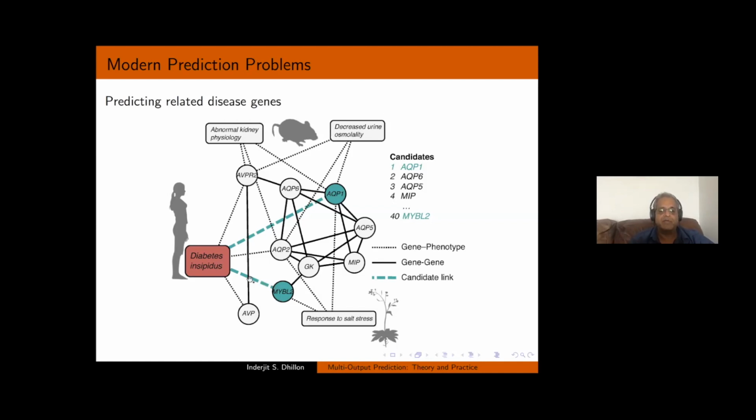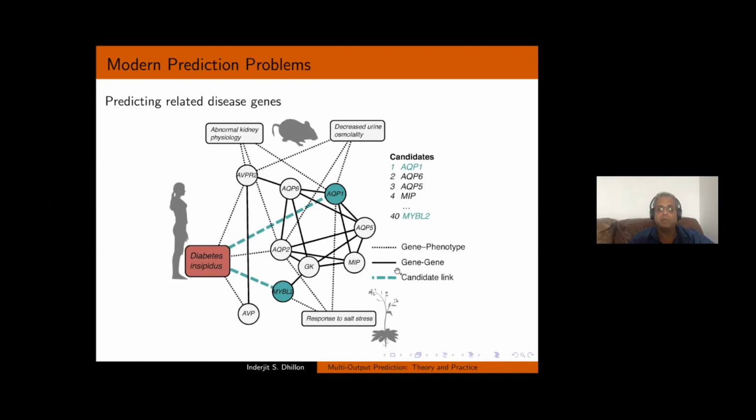The second part of the data is known associations between genes and diseases. For example, the dotted black line is a known association between diabetes and the genes AVPR2 and AVP. And then you have similar data for other diseases and other species, mice, plants, and we also had phenotypes and yeast, and I think there were a total of 6 species.